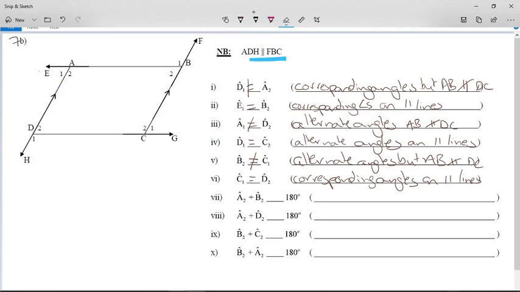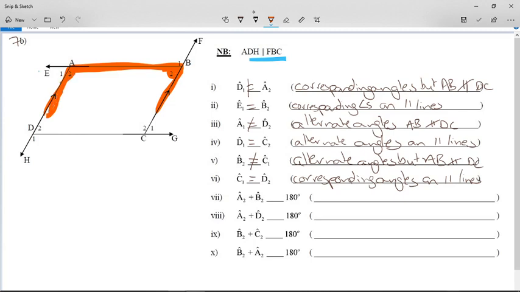Then what's the next one? It says A2 plus B2. Here's A2, and there is B2. These ones belong in a C or a U shape. What kind of angles are they when they're in this cup shape?